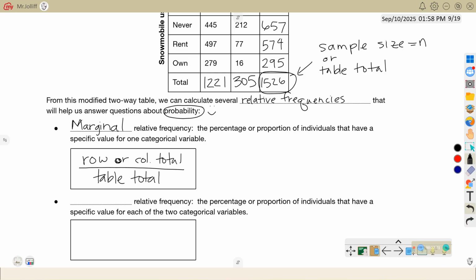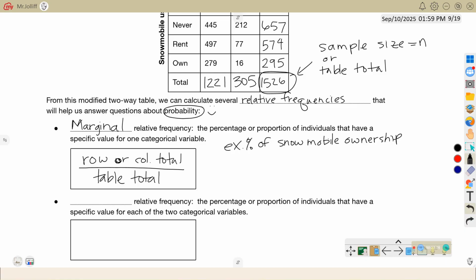For example, if I wanted the proportion of snowmobile ownership. That's a single category, yeah?